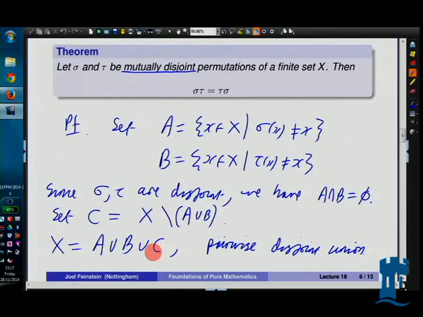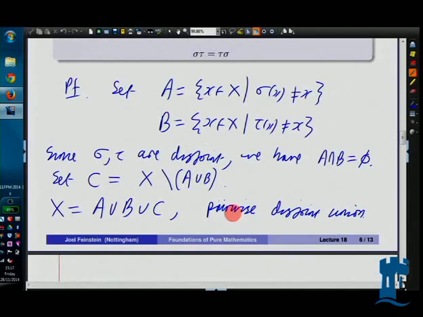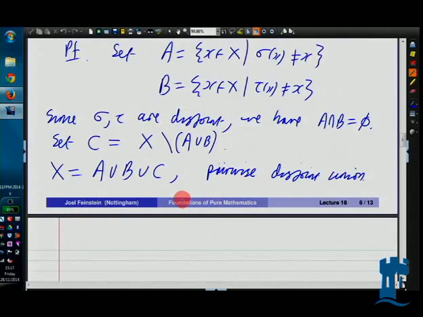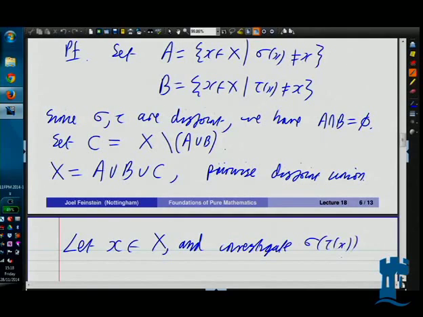You do one of them, you haven't moved, and then you do the other one, you still haven't moved, so you're exactly where you were before. So let's look at these three cases. Let x be in X and investigate sigma of tau of x, remember, that's how you multiply the permutations, and tau of sigma of x.